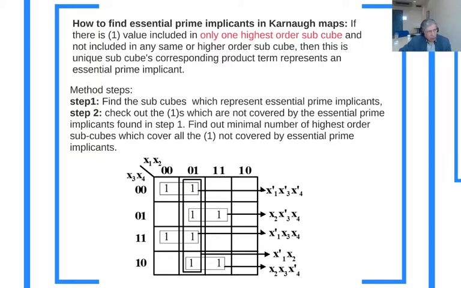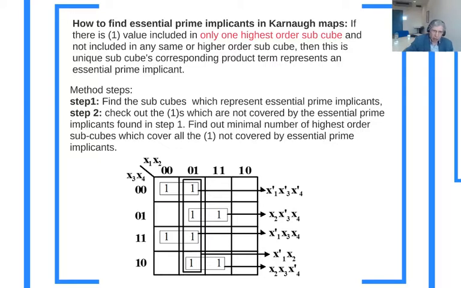Fewer variables in a product term is a potential for a prime implicant. We know that minimal functions have prime implicants. So you might say that if you find higher order subcubes, then we end up with a minimal function. At the beginning we might consider this, but there is a counterexample to this one.